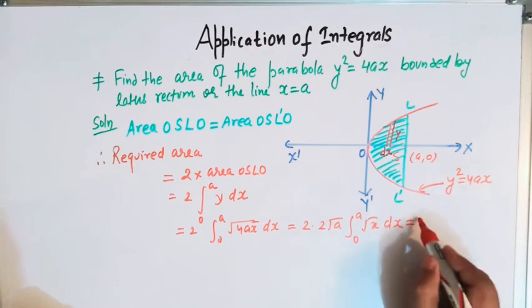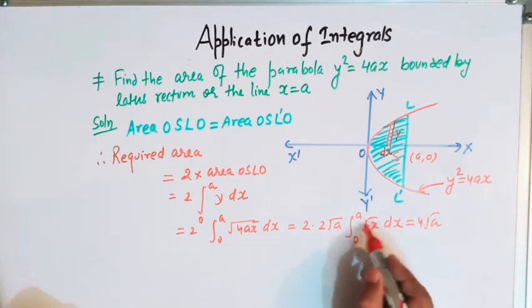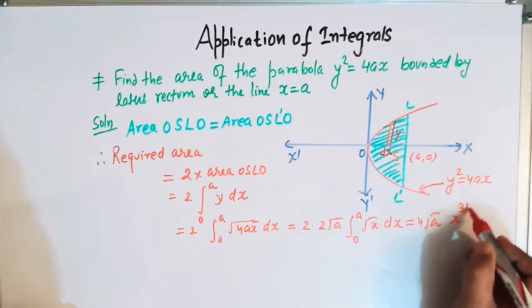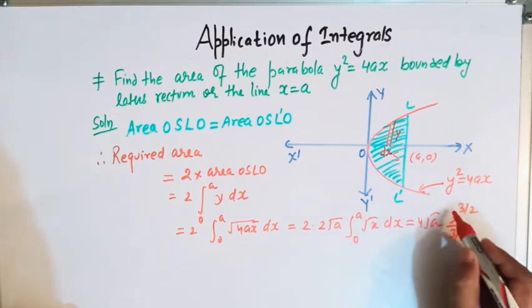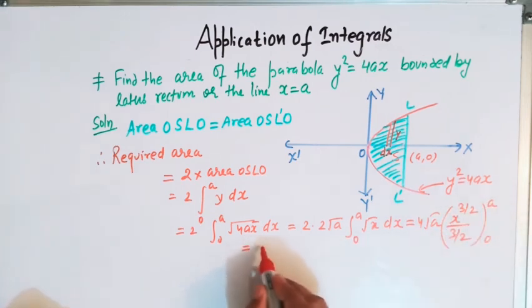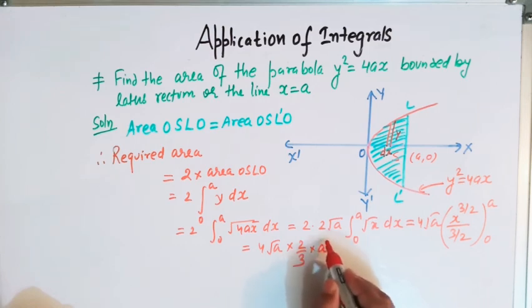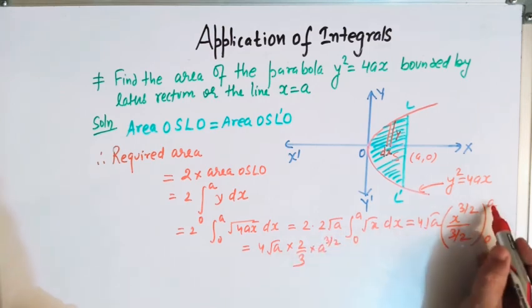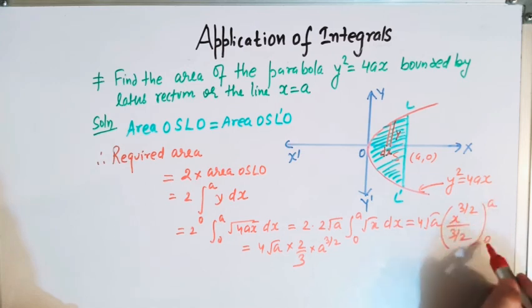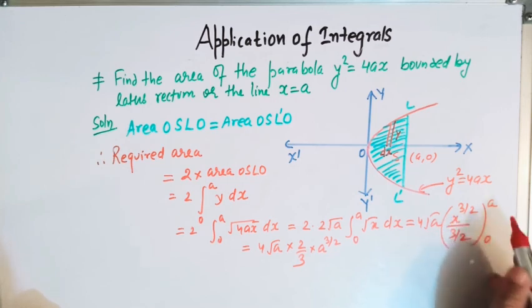Now this is 4 times square root of a, and if we integrate square root of x, we have x raised to 3 by 2, divided by 3 by 2, and the limits are from 0 to a. Now this can be written as 4 times square root a, times 2 by 3, and then we have simply a raised to 3 by 2. If we substitute the value of the limits, here we have a raised to 3 by 2 and the second term will be 0.